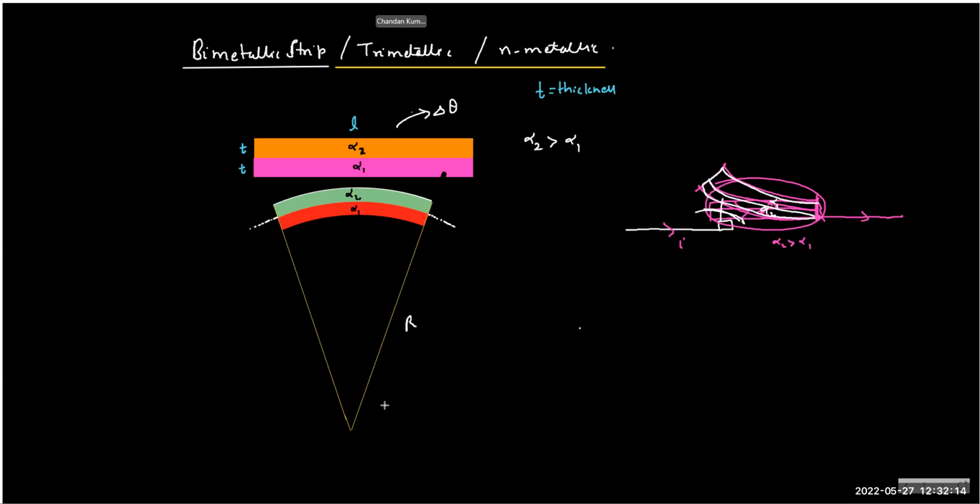So the radius of curvature of this bimetallic strip will be from here to the mean radius of the strip, and the length of each strip will be their mean length, which means their center. So this is how we take the length measurement of a curved object.